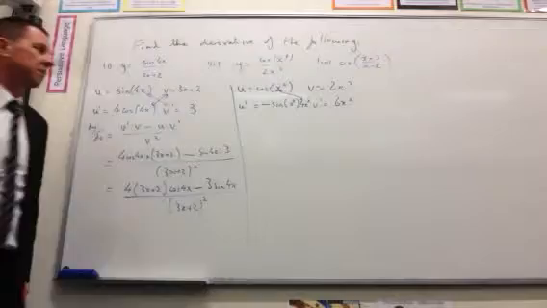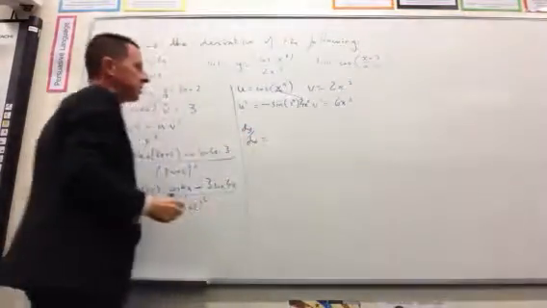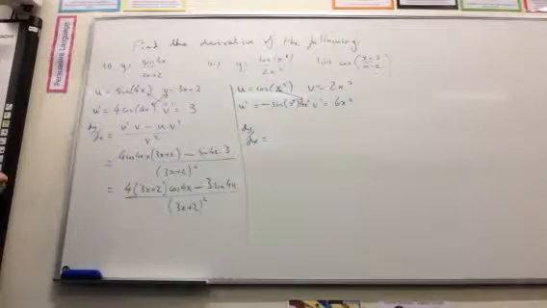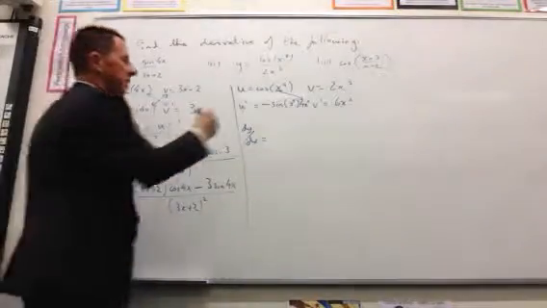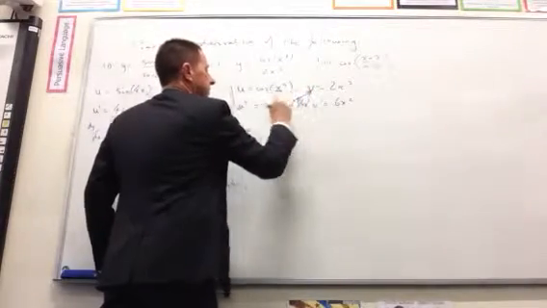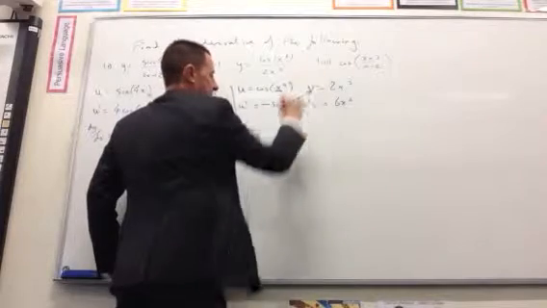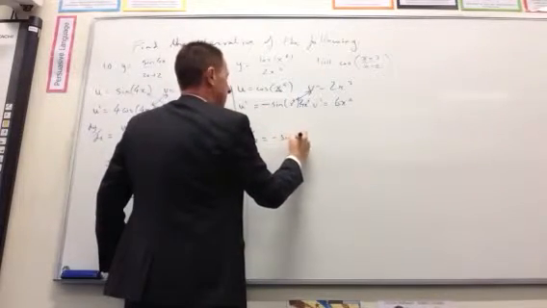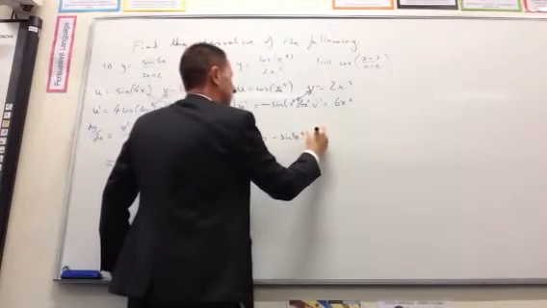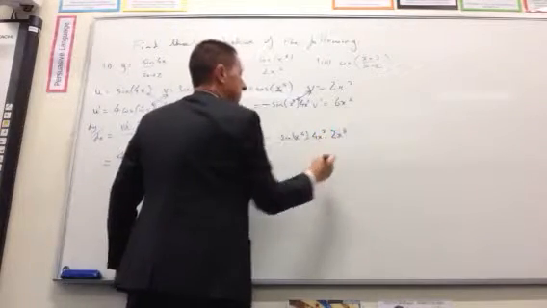No polynomials. So, dy dx equals zigzag. This u dash times v, so we're going to multiply those two together. So it's that way first. Negative sine x4 times 4x cubed times 2x cubed.